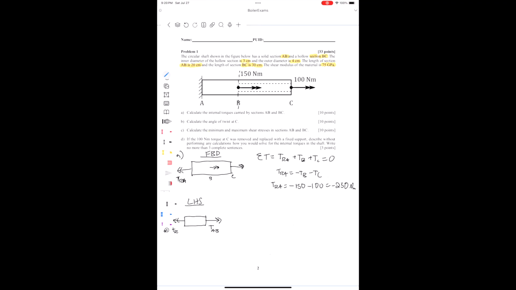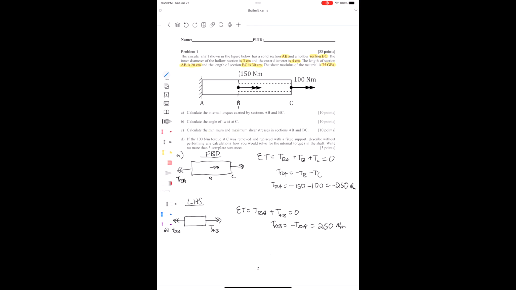So sum of torques is going to be TRA plus TAB equals 0, and then TAB equals negative TRA, and it's going to be 250 Newton meters, since we found TRA to be negative 250 in the previous step, so it's just going to be the opposite of that.